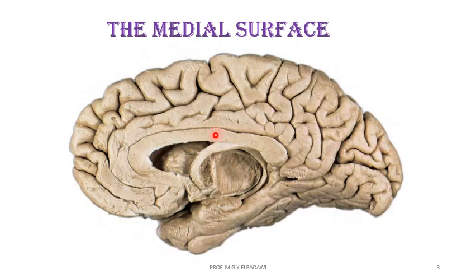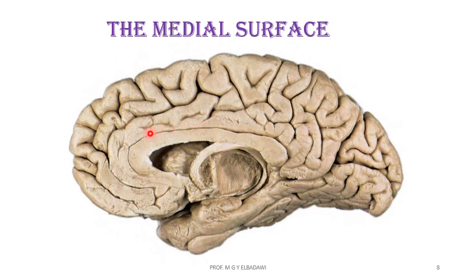That is the medial surface of the cerebral hemispheres, which shows the corpus callosum, the head of the caudate, the fornix, the thalamus would be here.